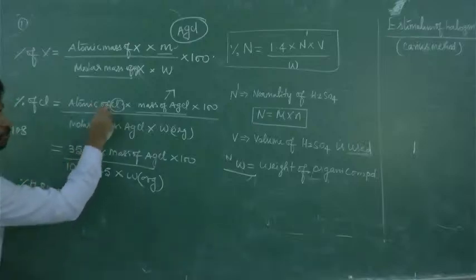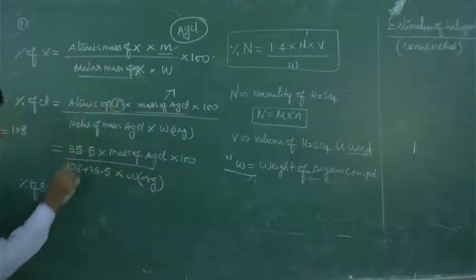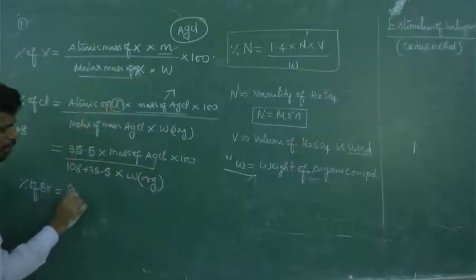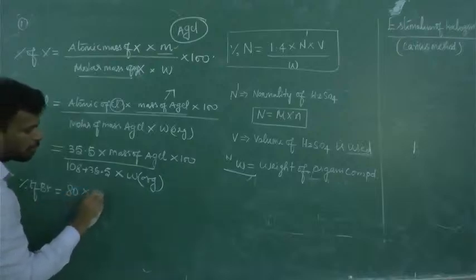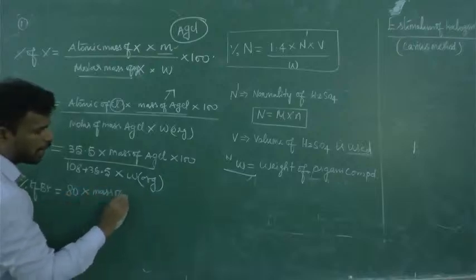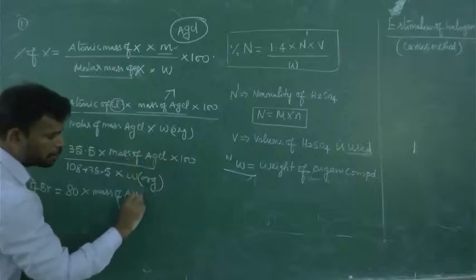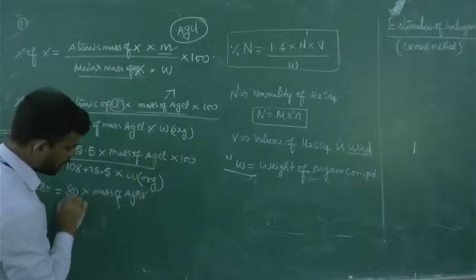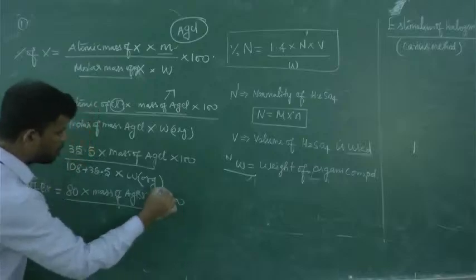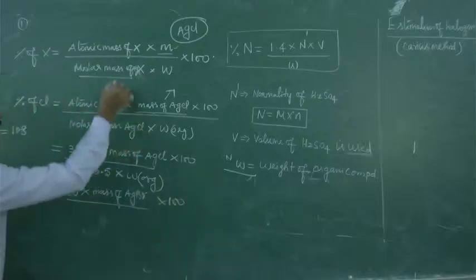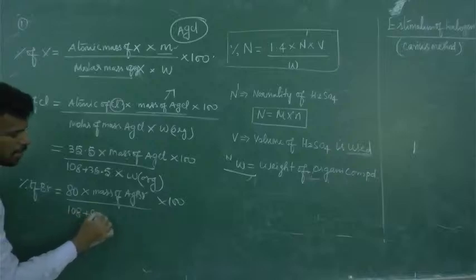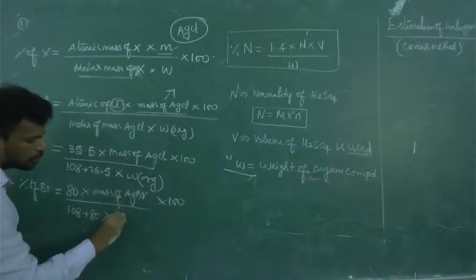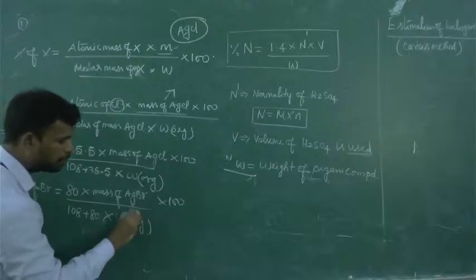Suppose they ask for the percentage of Br, what is the formula? Instead of the atomic mass of Cl, use Br. Atomic mass of Br, you can take approximately 80. Next, the mass of AgBr, divided by the molar mass of AgBr, 108 plus 80, into the weight of organic compound.